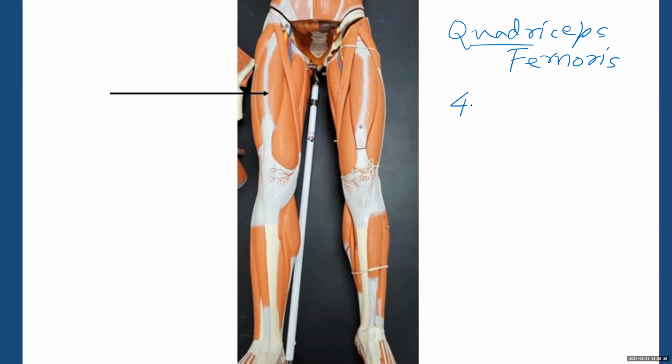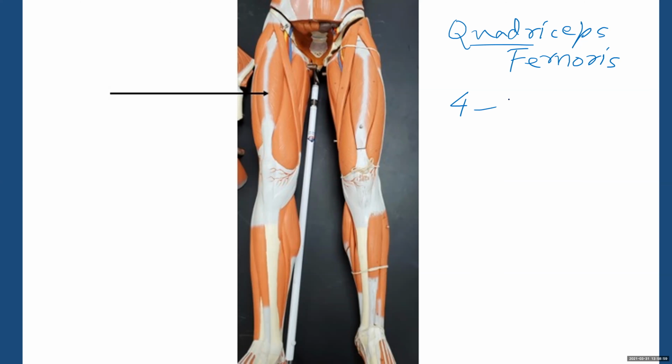Quadriceps meaning four muscles. They have origin in different parts of the os coxae, some in the ilium, some in ilium and ischium, some in the pubis. So basically, we are talking about four different muscles.